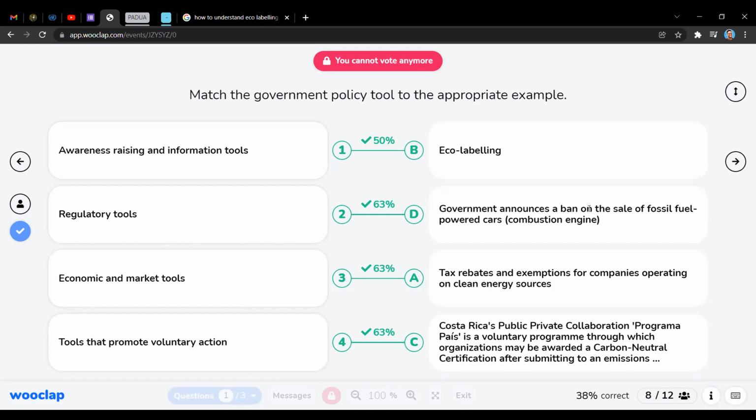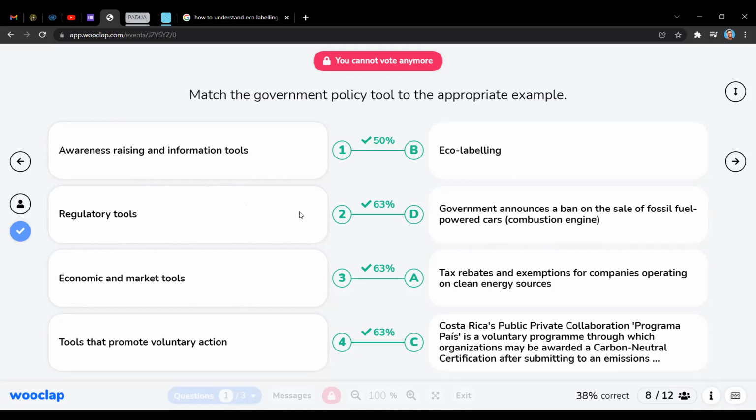At the moment, no government has done this yet, but some governments have pledged to do this by the end of 2050. That is supposing that by then the electric car technology becomes more efficient and more affordable.